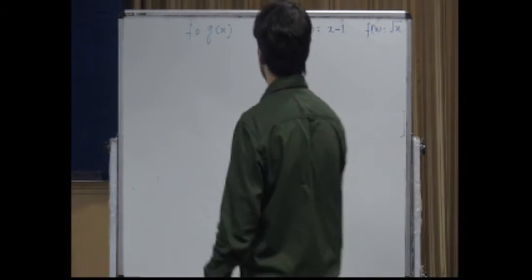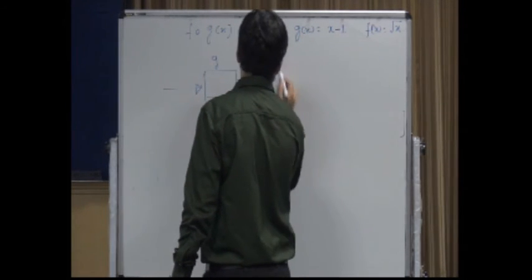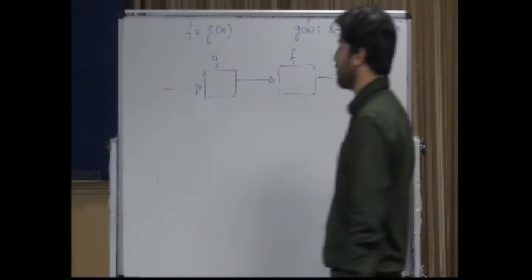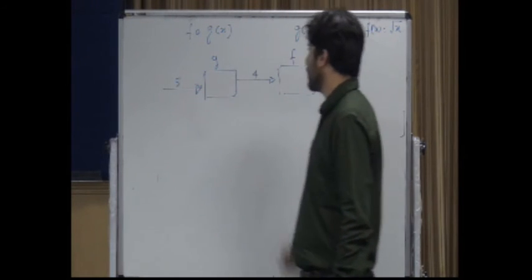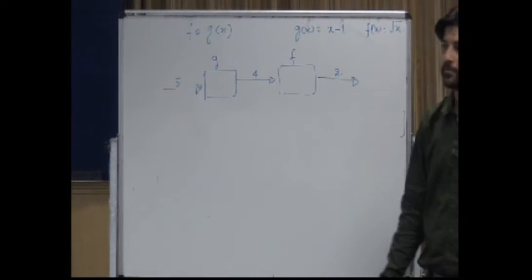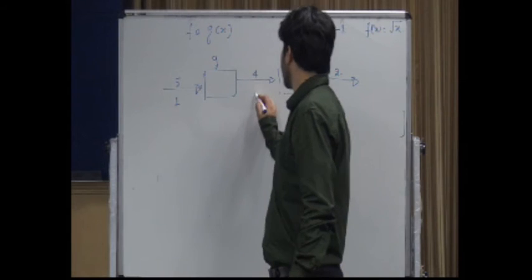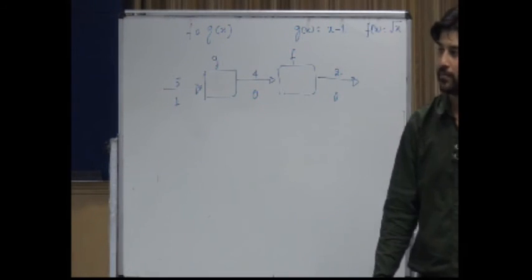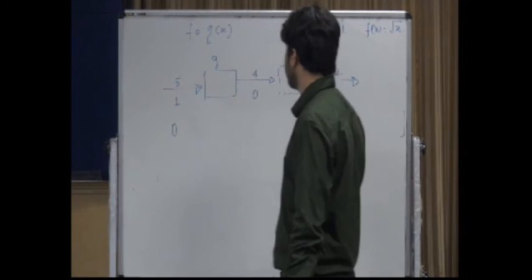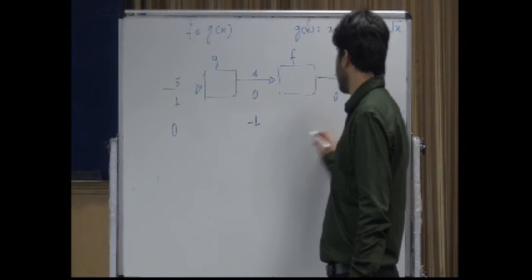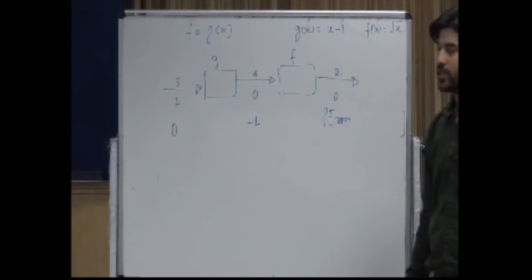Now f of g हो गया क्या? You put g first and then you put f and you get f of g. So let's say if I put 5 here, I'll get 0 and then root 0 is 0. No problem. है ना? If I put 1 here, I'll get negative 4, problem, error. है ना?